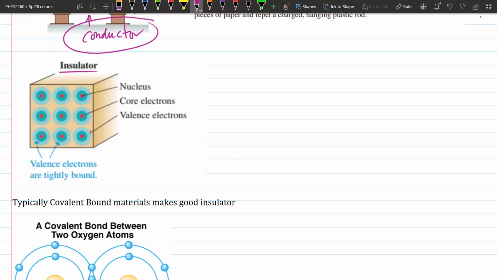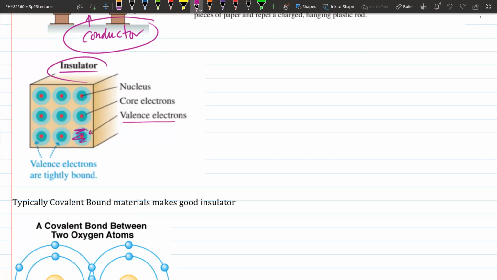In an insulator, the valence electrons, which are the outer shell electrons, the ones most accessible to us, the easy to get electrons, are bound so tightly to the nucleus that they cannot move around.